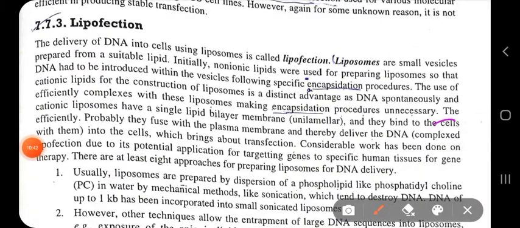Now, the cationic liposomes have a single lipid bilayer membrane. If you are using cationic liposomes, that means having positive charge, they have a single lipid bilayer, which is called unilamellar. That means only one lipid layer is there, and they bind to the cells efficiently.